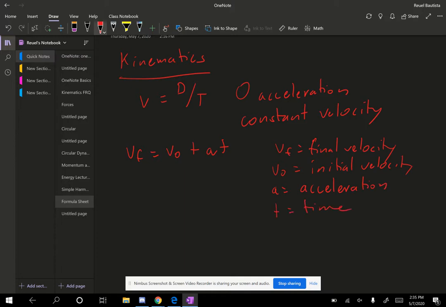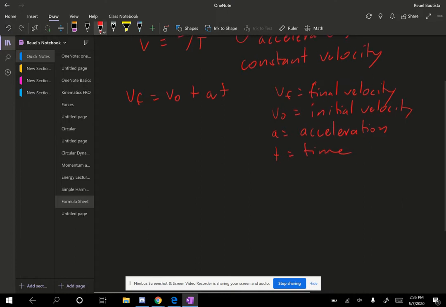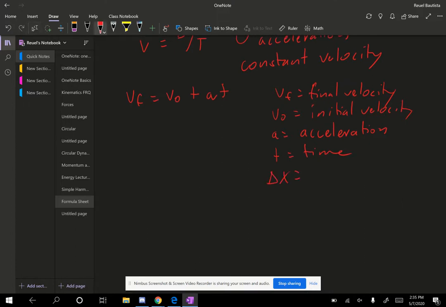Change of x is going to be our displacement. So we have Vf equals Vo plus at. We're going to have change of x, or displacement, equal to Vo t plus 1/2 a t squared.